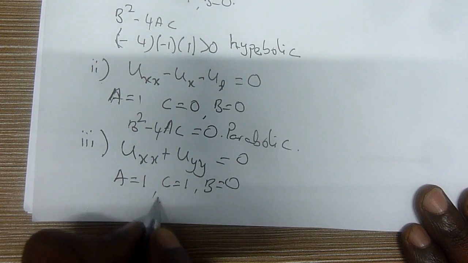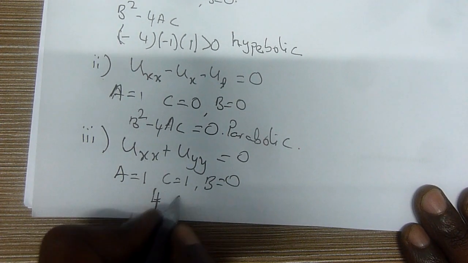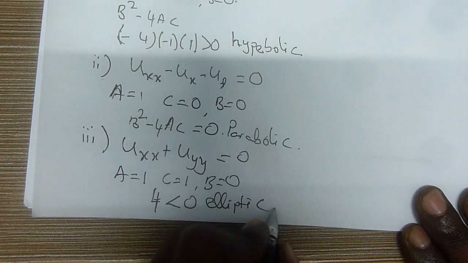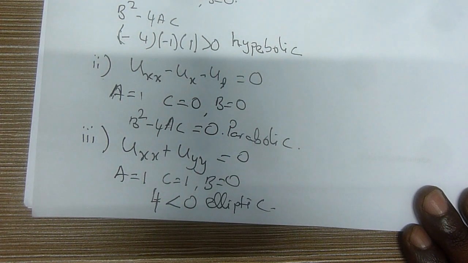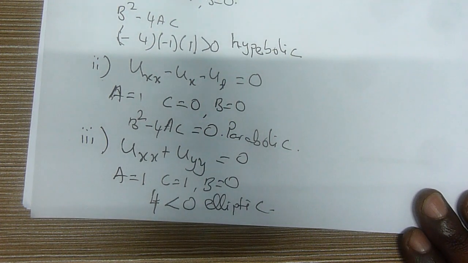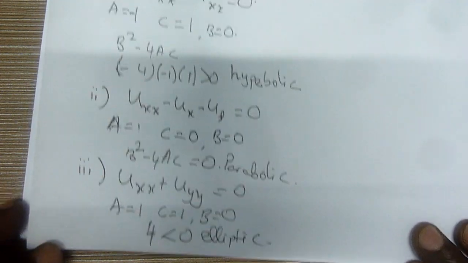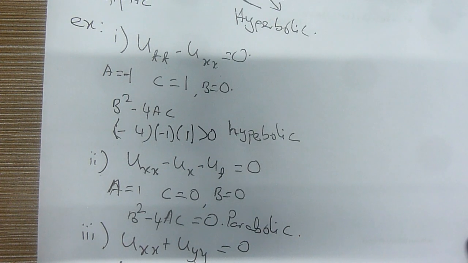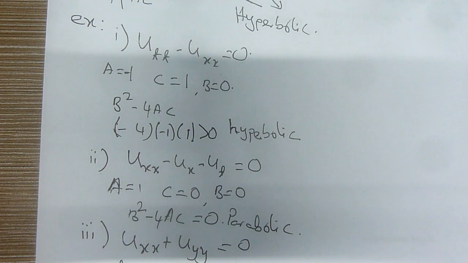Therefore, you will get B squared minus 4AC less than 0, which is elliptic. With this, I hope that you got it. Very simple to categorize the homogeneous function into hyperbolic or parabolic or elliptic.